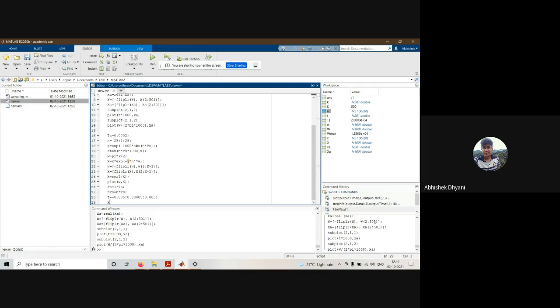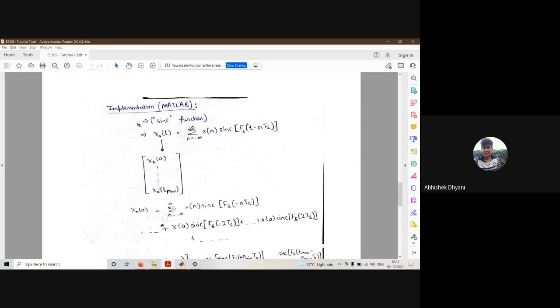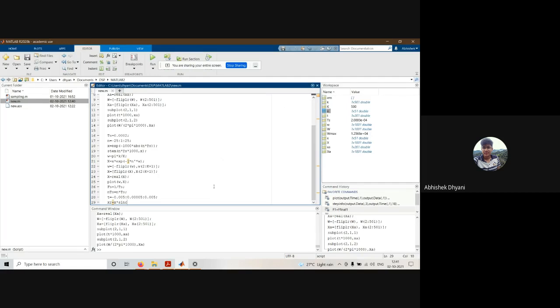So let me just say that the reconstructed signal is xr, which is the signal x of n multiplied with that sinc function, just like in this equation. Now I'll try to do it with this vector matrix multiplication.